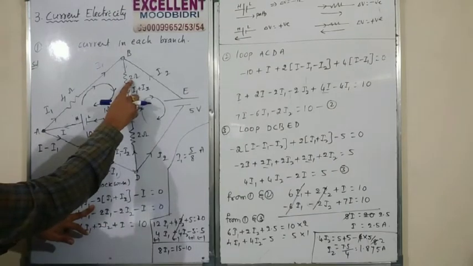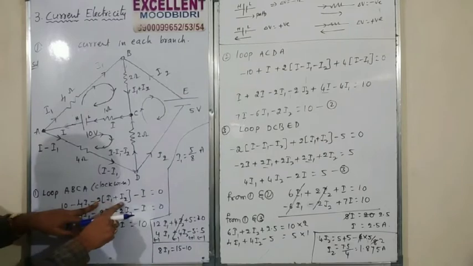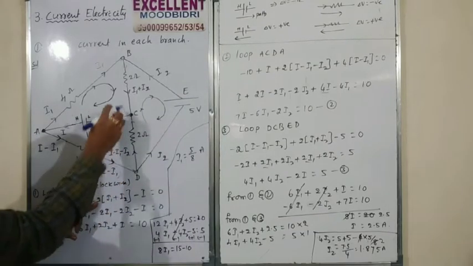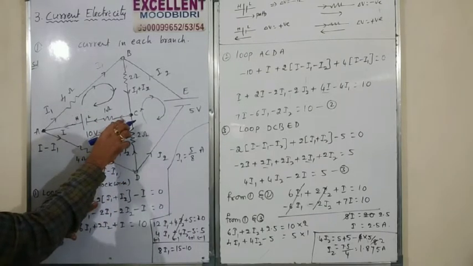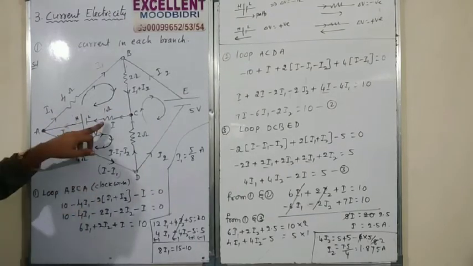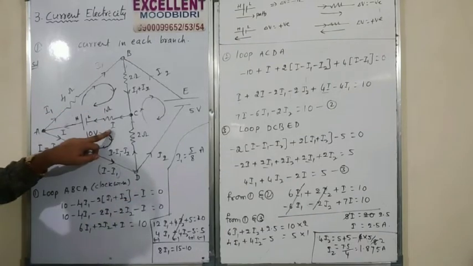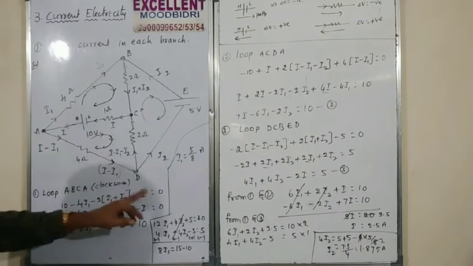Resistance is 2, current is I1 plus I2. Next here, the direction of current and path are the same, therefore minus. Resistance is 1 ohm, so 1 into I, and that is equal to 0.